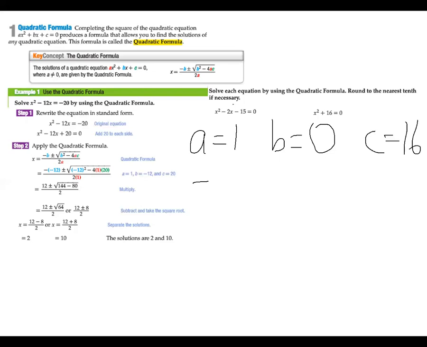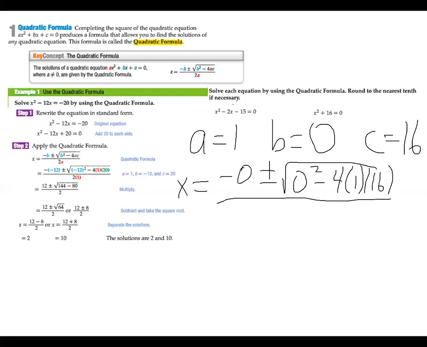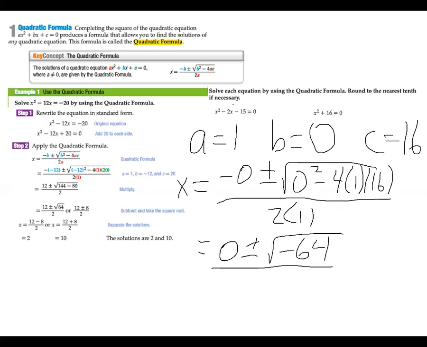So it's going to be x equals the opposite of B, which is negative 0, plus or minus the square root of 0 squared minus 4 times 1 times 16 all over 2 times 1. So you end up with 0 plus or minus the square root of negative 64 all over 2.